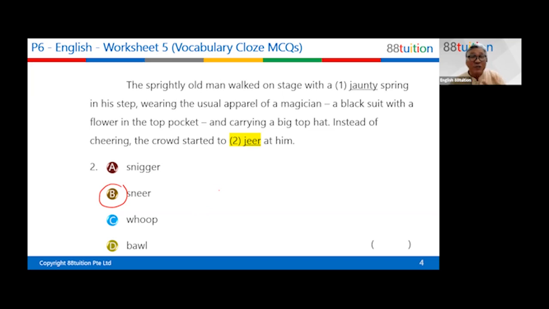So the facial expression will be a sneer. So jeering, I think many of you would know what jeering means. When you are at a game or something, a crowd, and you jeer, you say boo, boo, well, that's jeering. It's the opposite of cheer.